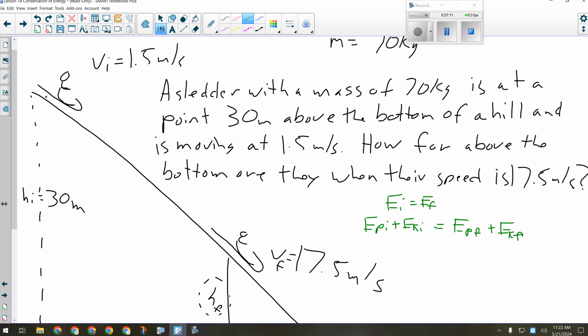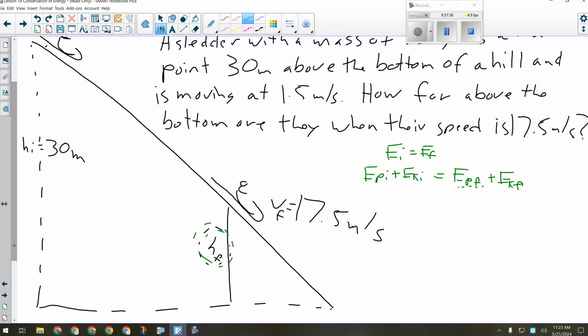What I'm looking for, final height, is part of that term. Agreed? Is it a good idea to get it by itself now before I put in all the formulas and have a whole bunch more numbers to put in? Okay, how do I get EPF by itself? Subtract. Right, subtract EKF over to the other side.